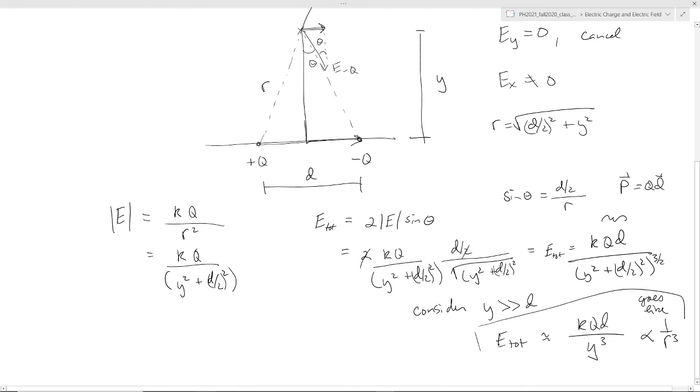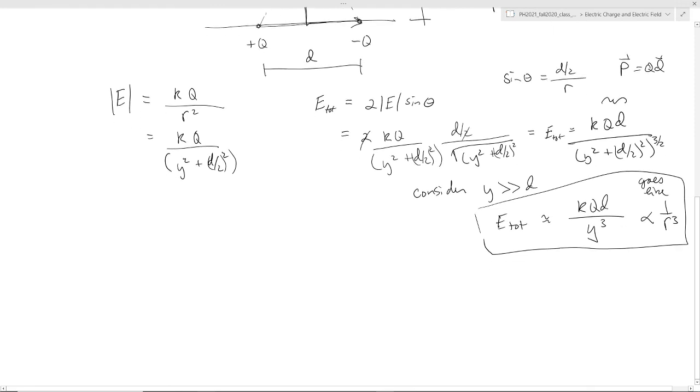So the other thing that I would like to draw your attention to is what this looks like. It's a little bit more difficult to visualize the electric field for the dipole, but you're going to have electric field lines that go from positive to negative.